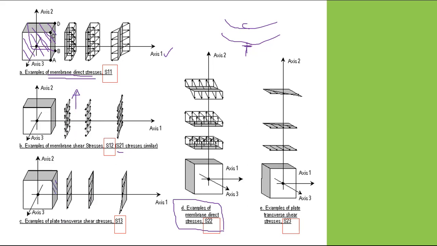The surface is the first positive surface, and 3 is the direction. And likewise, this is S23. The surface is 2, the direction is the third axis, so out of the plane.